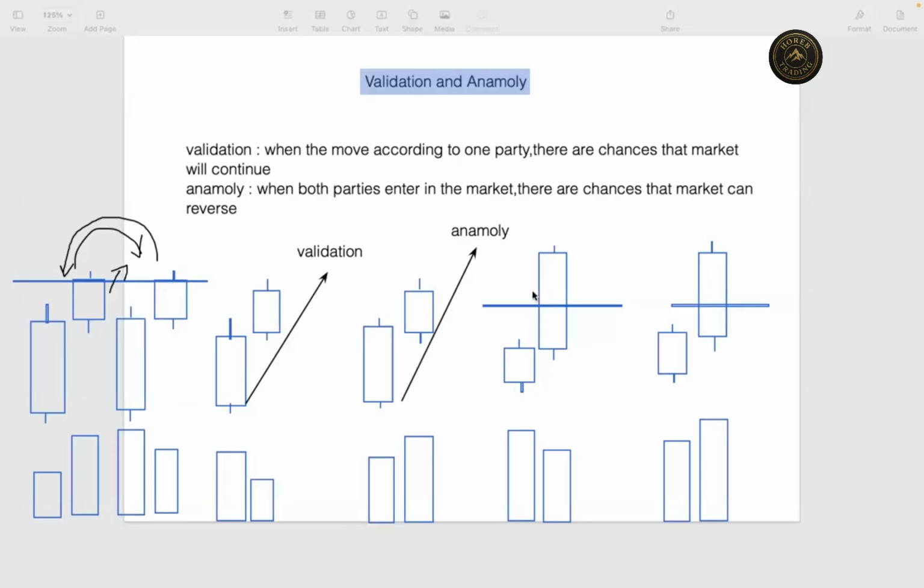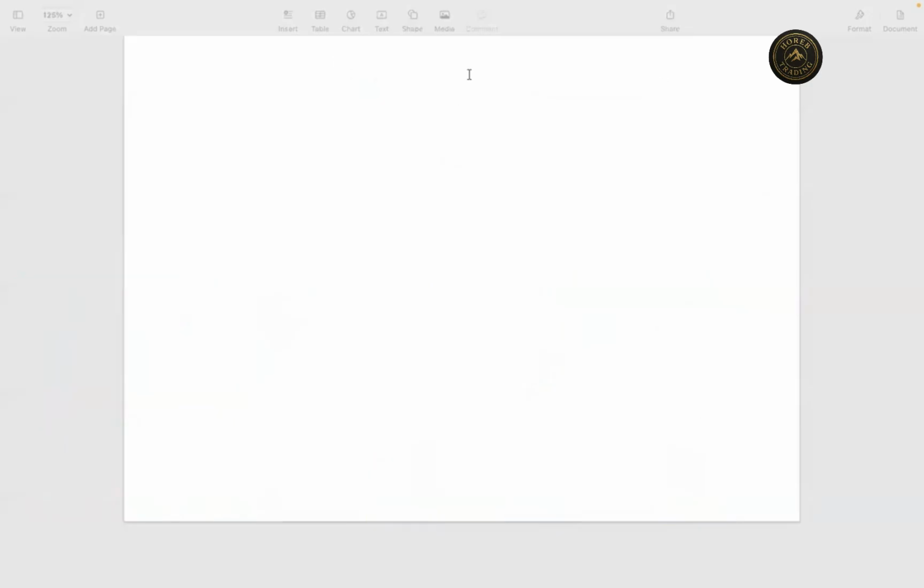Anomaly in presence of resistance will be a validation. So validation and anomaly are different based on context. What we can call anomaly at resistance is not anomaly when we don't have resistance. That's very important.